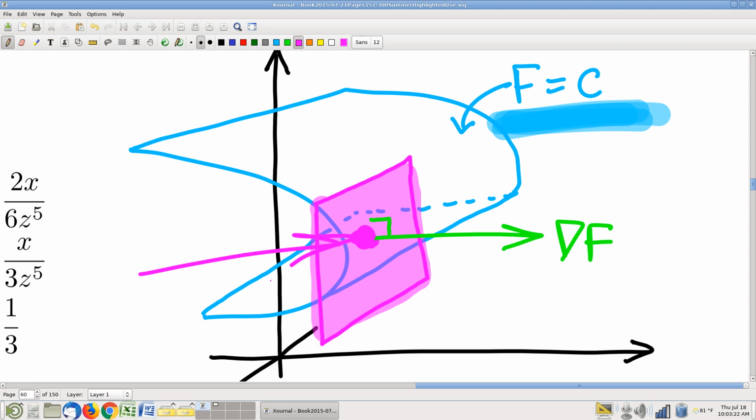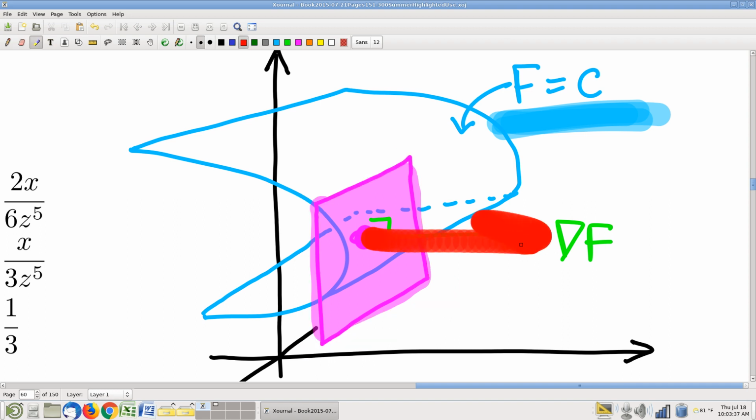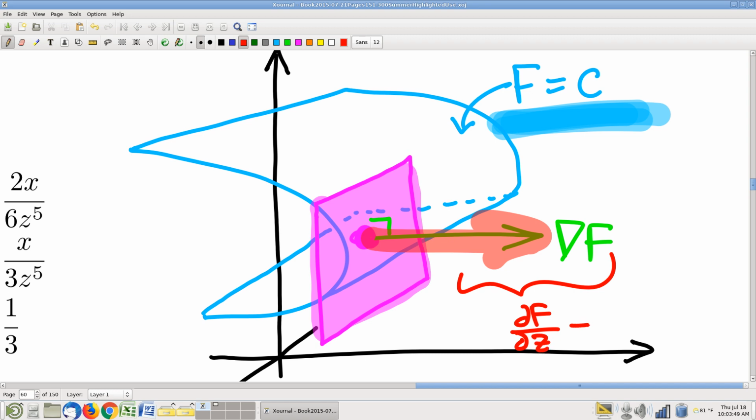Notice the problem that we're worried about happening is simultaneous with there being a vertical tangent plane to that level set. If there's a vertical tangent plane, then that means that there is a horizontal gradient vector, and that being horizontal would mean that the partial of f with respect to z is 0.